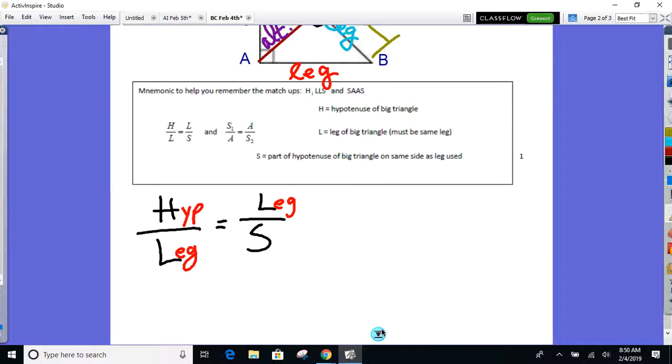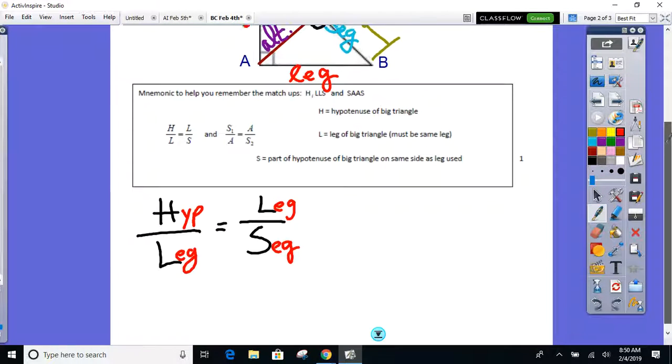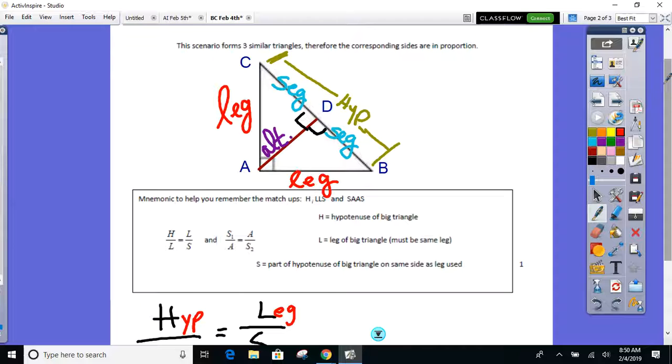And then finally, the S. You probably come up with the same question, which one? You got two of them. Ready? Whatever leg you pick, it's got to be the segment adjacent to it. Quick test. If you pick leg AB in the problem, what segment are you going to use then? The one adjacent to it, DB. S is the segment adjacent to the leg we are using. Everyone good there on HLLS?